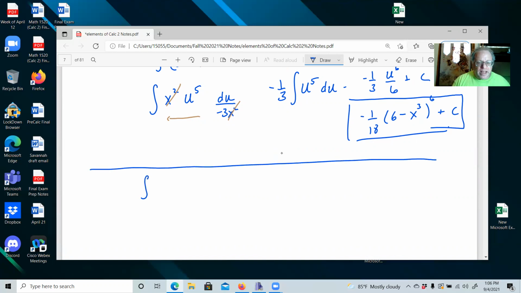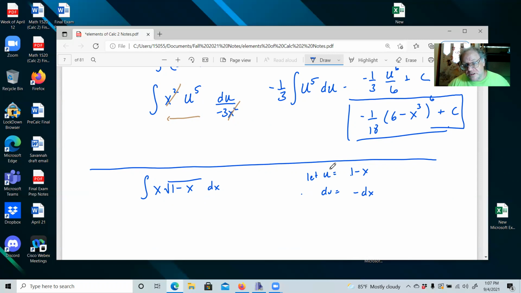One final technique we have here is the integral of x times the square root of 1 minus x. And again, I can't put this inside, right? Even if I could, it's not going to help. So say that u equals 1 minus x, so that's du equals negative dx.